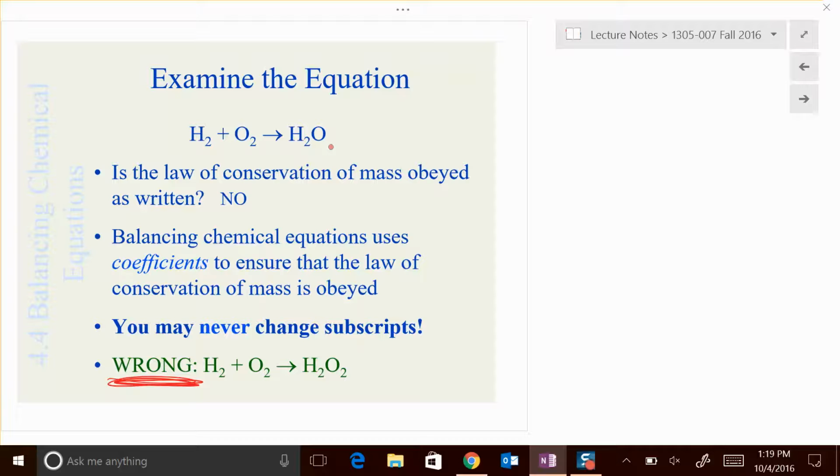I just change how many waters I have instead of changing the identity of the water. So instead, I can have 2 waters. That gives me 2 oxygens. So I put a 2 here to balance the hydrogens as well. And now I have a balanced chemical equation. 4 hydrogens, 4 hydrogens. 2 oxygens, 2 oxygens. This is a balanced chemical equation.